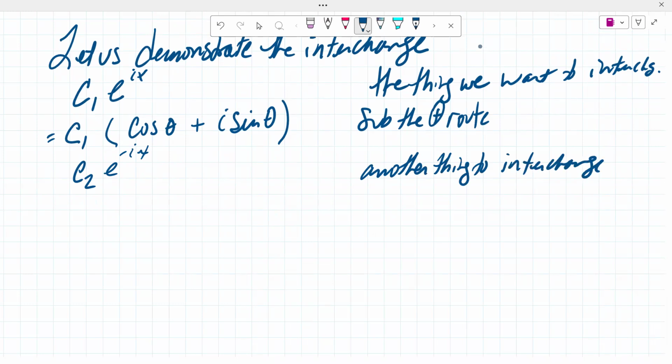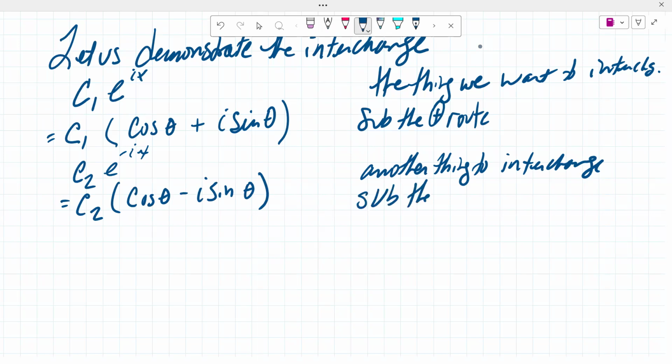So what happens is that equals C2 times cosine theta minus i sine theta. So this is sub the minus route, because we had the minus sign.